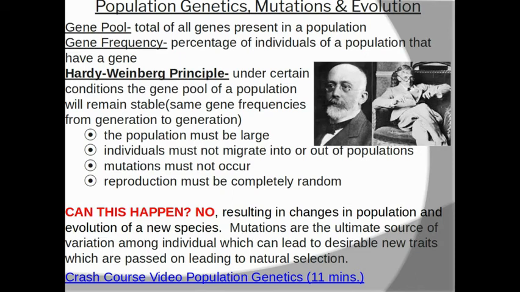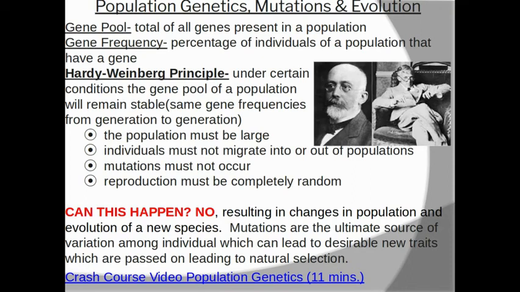Well, there were two statistical geneticists that developed this proof of evolution. It's called the Hardy-Weinberg principle. And under certain conditions, they said the gene pool of a population will always remain stable. Now, it will only remain stable if and only if the following conditions are met.